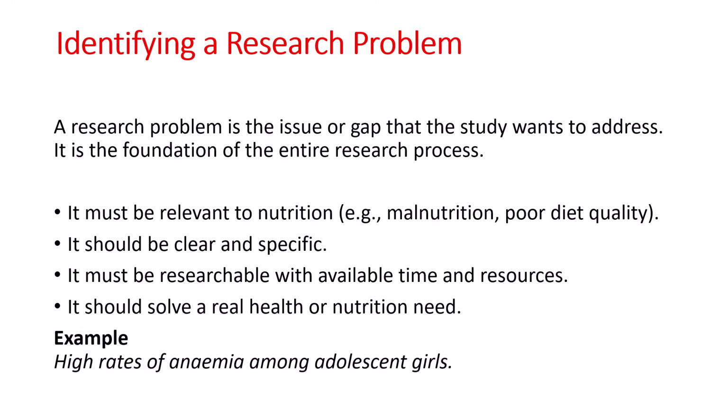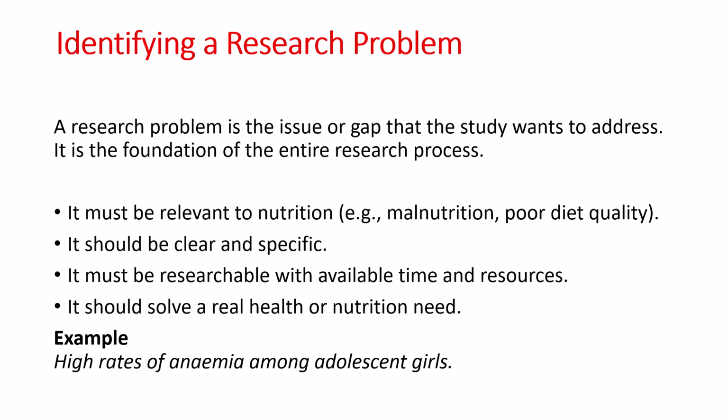Identifying a research problem. A research problem is the issue or gap that a study wants to address, and it is the foundation of the entire research process. If there is a gap or issue, then it tells us that there is a need for a research process to kickstart.